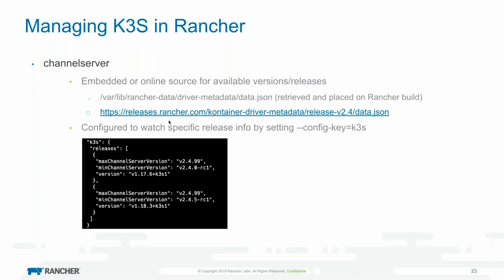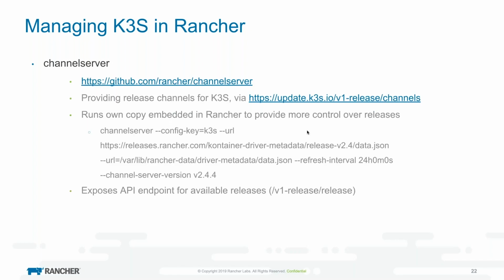So what we did was we have our own copy of the channel server inside Rancher, which is run as follows: channel server. We pointed to, let me start with the online source and the local source. So we have a local source for the data, and we have an online source because we still need to be able to release out of band if we need to.